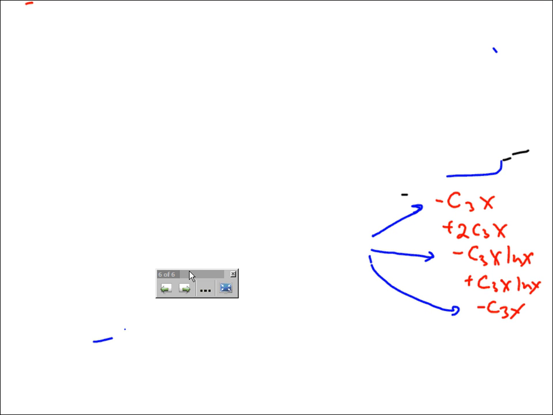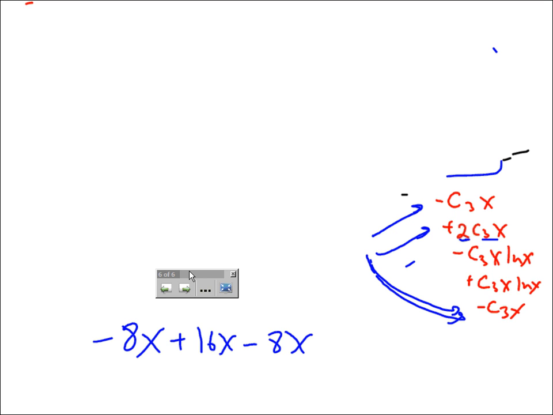You have negative 8. I'm letting C3 be 8. Negative 8x. And then I have plus 2 times 8, I have 16x. And then I take away 8x.